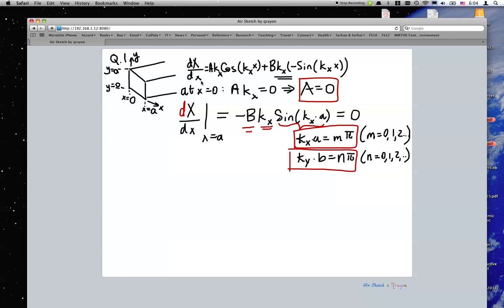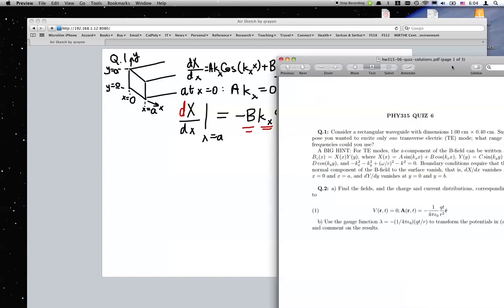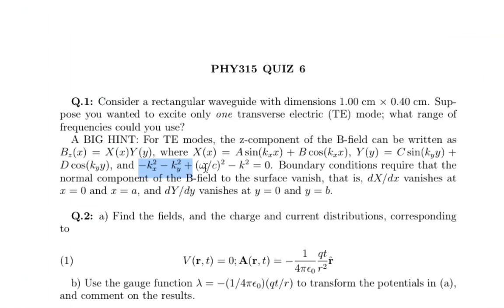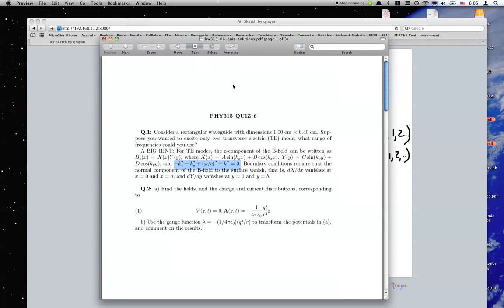Now, we also have, as you see here, minus kx squared minus ky squared, plus omega over c squared minus k squared equals 0. So now if you use this condition, you can write k, the propagation constant, in terms of kx, ky, and omega over c. That will be very useful.